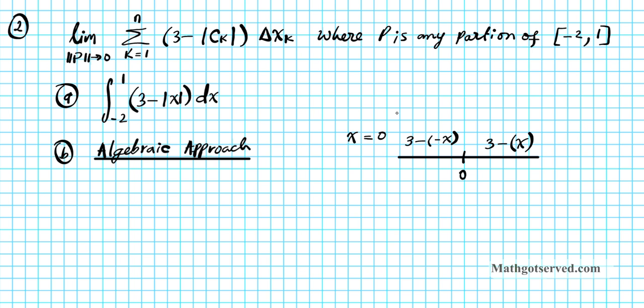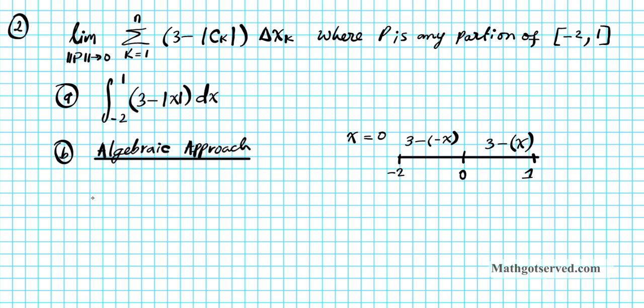Okay, because we know that absolute value means plus or minus. So to the left of 0, the absolute value quantity is going to have a negative sign, and then to the right is going to be positive. All right, so we're integrating from negative 2 to 0. It's going to be negative here, and then from 0 to 1, we'll be dealing with this function right here.